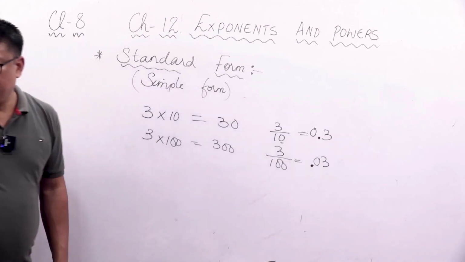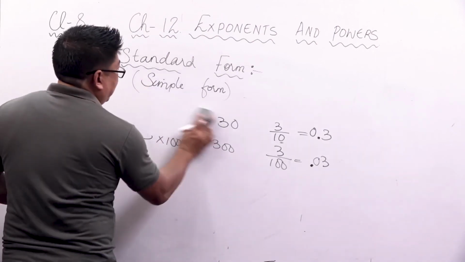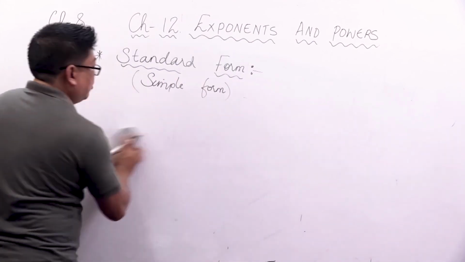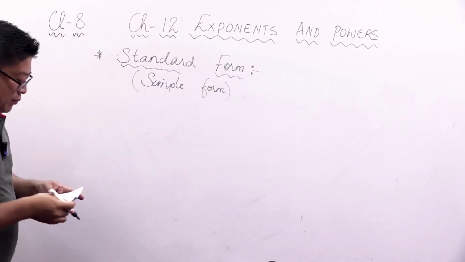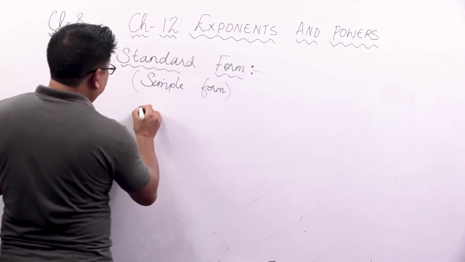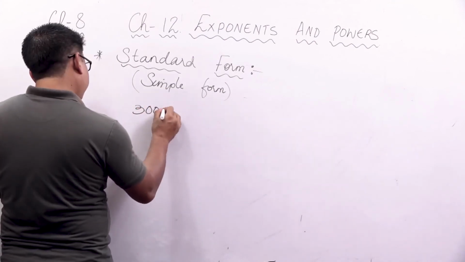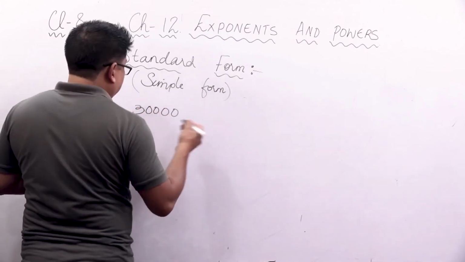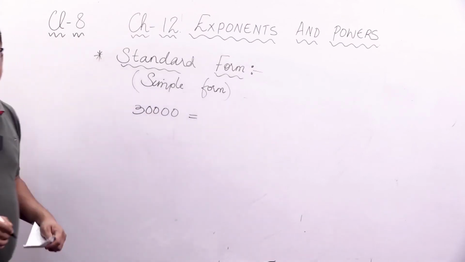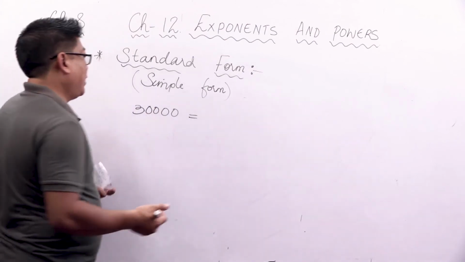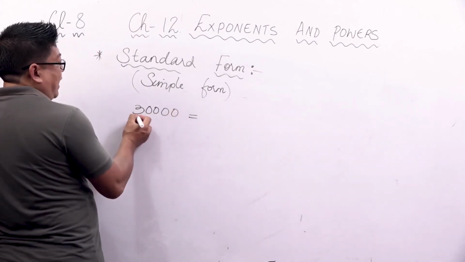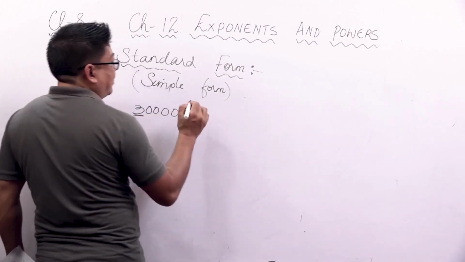So, if you understand this, we are going to learn how to write the standard forms. For example, I have 30,000 and I am asked to write this in standard form. So what do I do first? The first step is I separate 3 and these zeros.